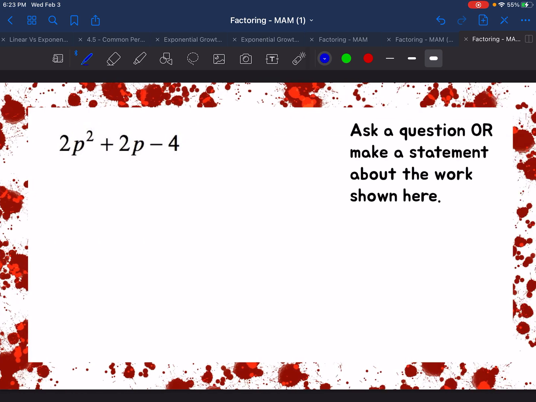Okay, what do you notice about this question? So I'm going to start solving this, and then I'm going to ask you to make a statement or ask a question about what's going on here.